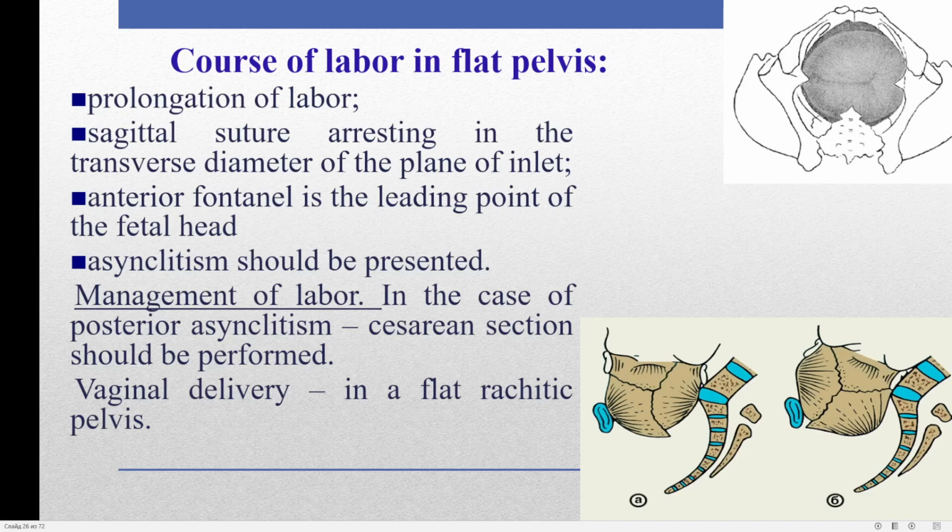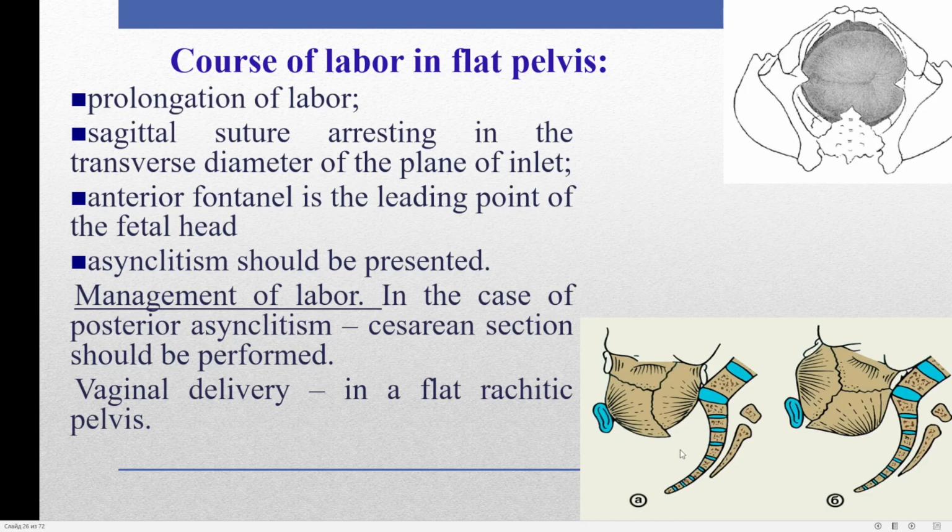In this picture, you can see two types of asynclitism. It's anterior asynclitism, because we can palpate the more anterior parietal bone. And it's posterior asynclitism, because first of all, during vaginal examination, we can palpate the posterior parietal bone, and the sagittal suture deviates to the pubic symphysis.